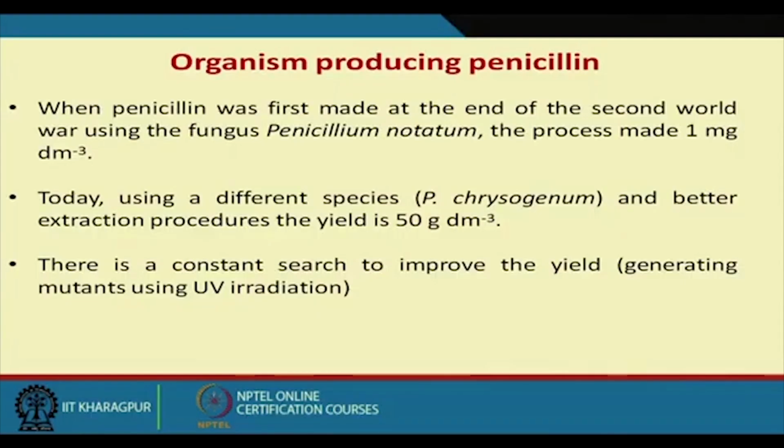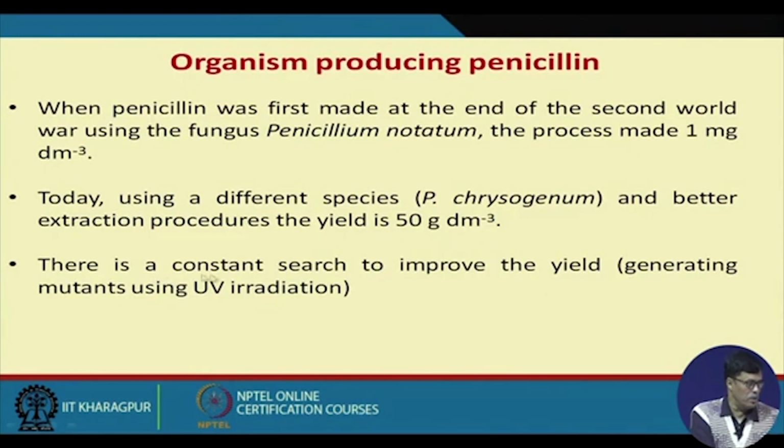So 1 milligram per liter was the initial concentration of penicillin found in the fermentation broth. Today, you will be surprised to know that by using different species with some genetic modification and better extraction procedures, it is possible to increase the penicillin concentration as high as 50 grams per liter.